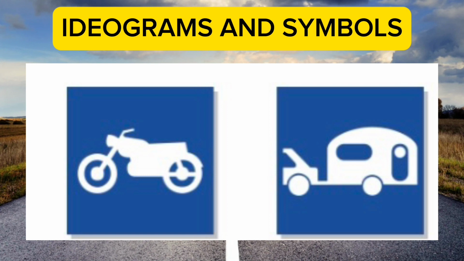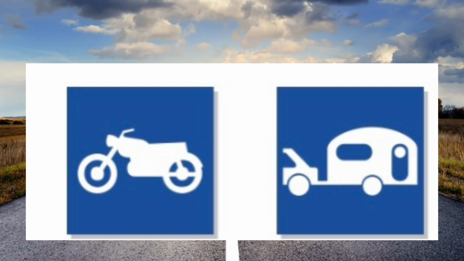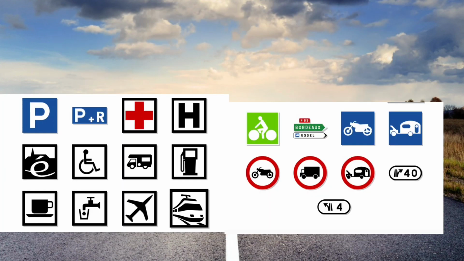The symbols that appear on the signs have the role of identification, indication, or recommendation. They can identify an interchange, pre-report a prohibited or advised direction to a category of users, or specify an itinerary. The following are the examples of ideograms and symbols.